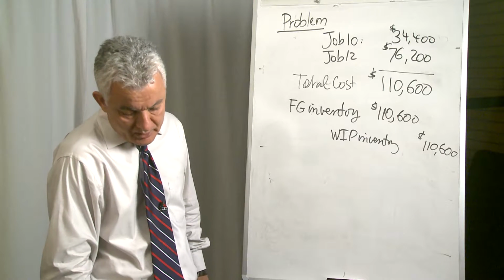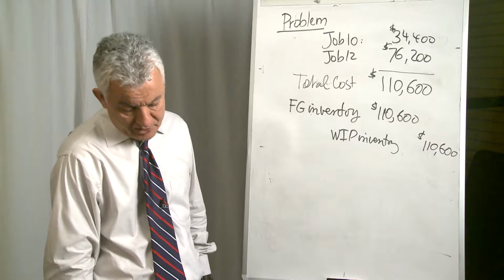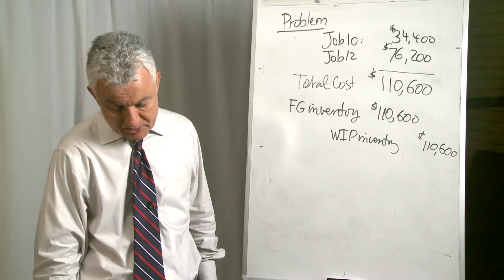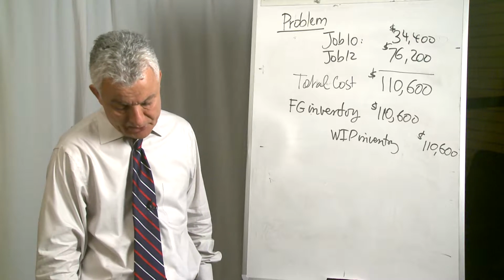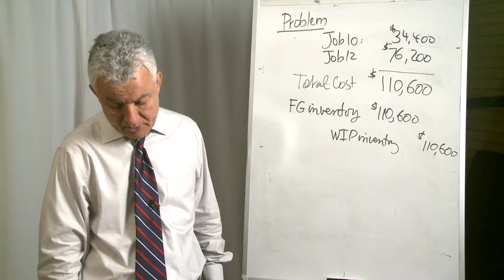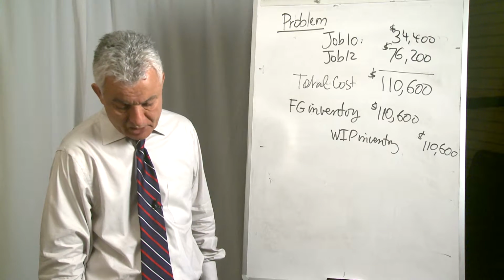Now, they say, the following question, if job 10 was delivered to customers that paid $50,000 cash, prepare the journal entry, and what is the gross profit for job 10?